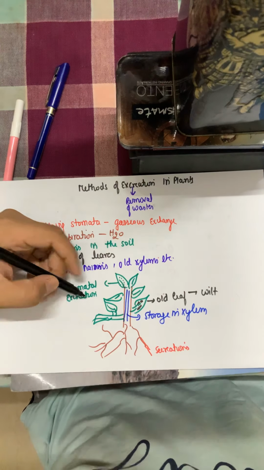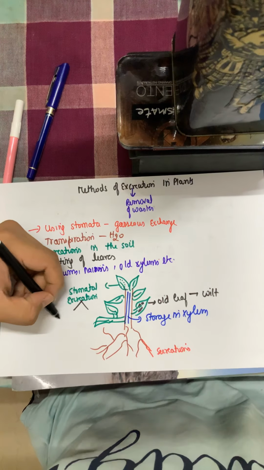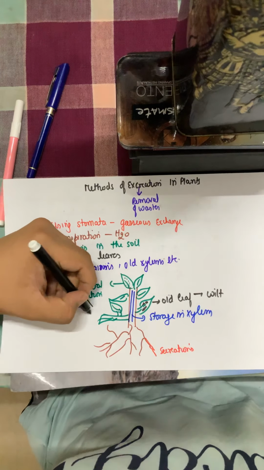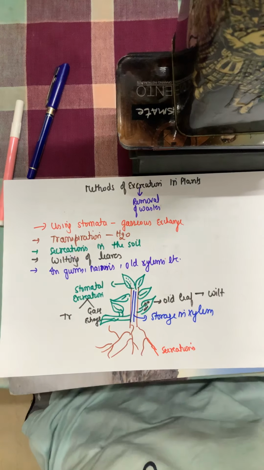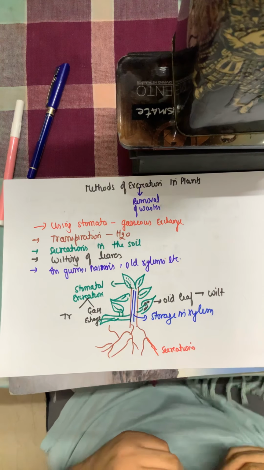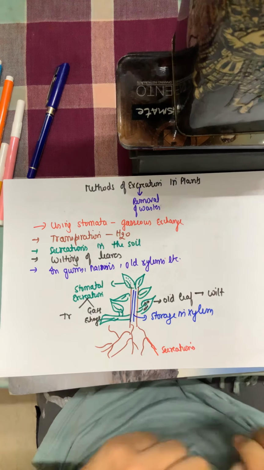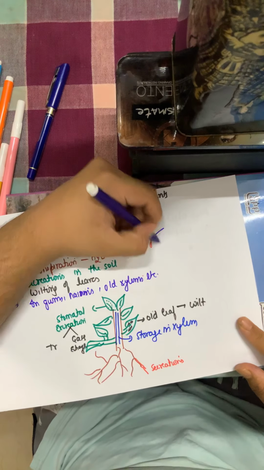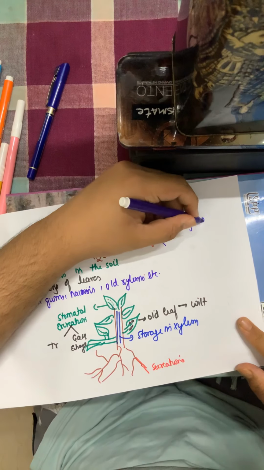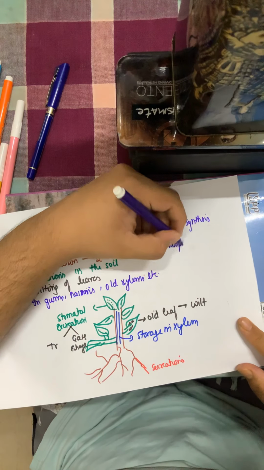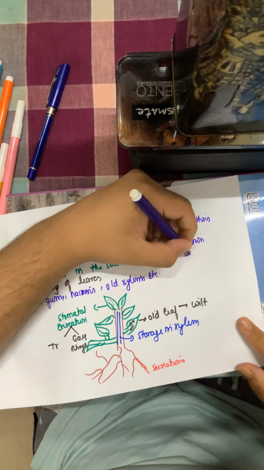This stomatal excretion is giving both transpiration and also gas exchange. When I talk about this gaseous exchange, I am talking about both photosynthesis and respiration. In respiration, the plants will remove CO2.